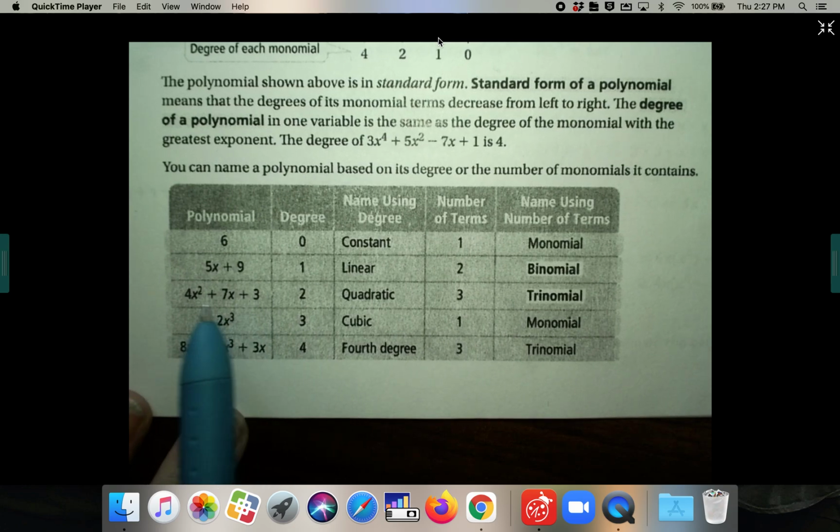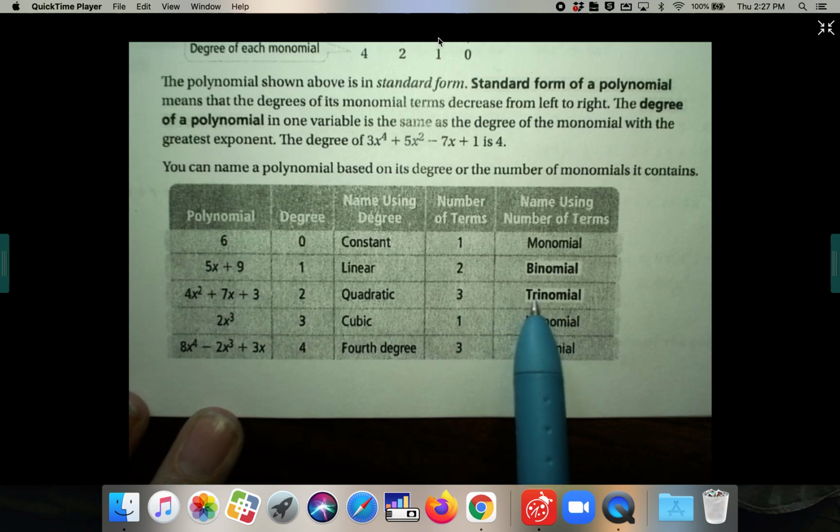Okay, moving on to this one. Our first term is what tells us the degree, and this degree is 2. I don't want to add this one to it and call it a third degree. You only look at the number of the degrees in the first term. So this is a 2, so the degree is 2. It is separated out into 3 different terms, which makes it a trinomial.